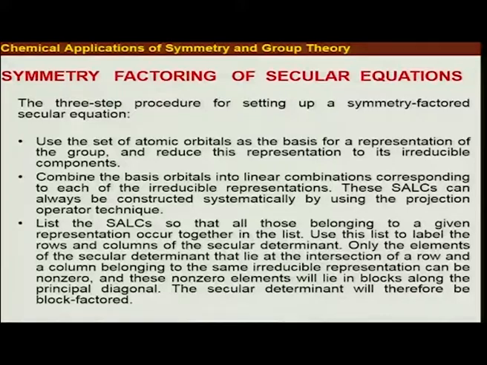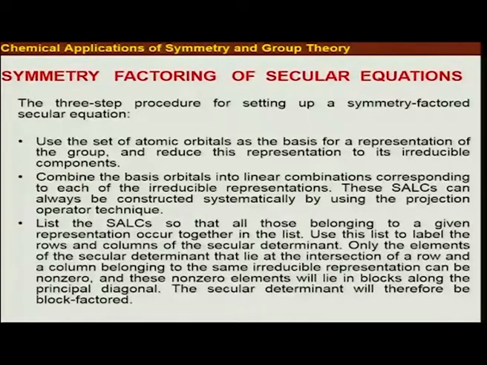To start with, you form the SALCs and find out the irreducible components to which they belong. Then you use the projection operator to form these SALCs, and list them so that those belonging to a particular representation are together.